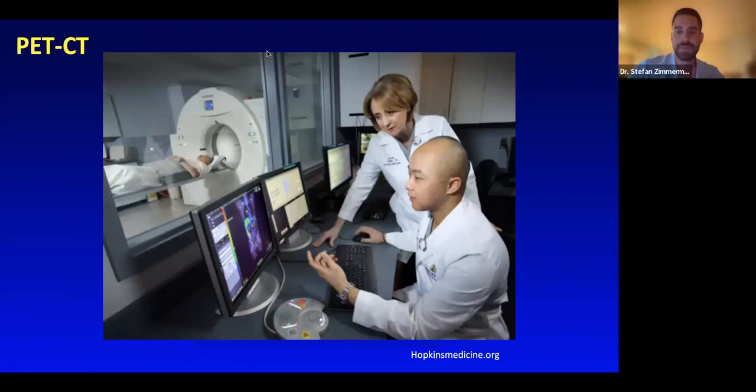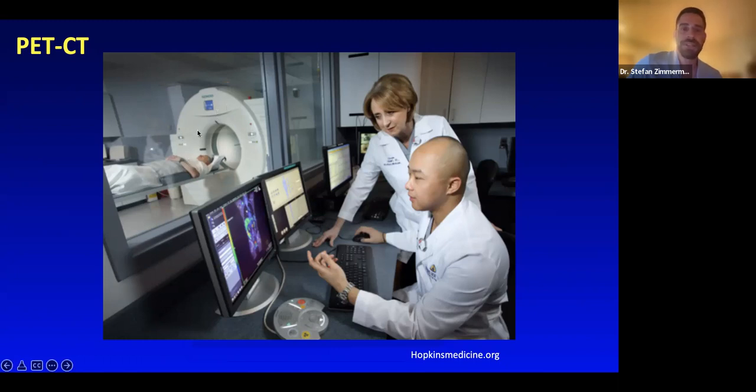So here's an example of what a PET looks like. This is a PET CT. And in this case, by the way, all these machines look really similar once we start getting into the CTs and the other things, but I'll show you some pictures just so you know. So the ultrasound, for sure, is a self-contained little machine, but everything from here on out is going to look very similar.